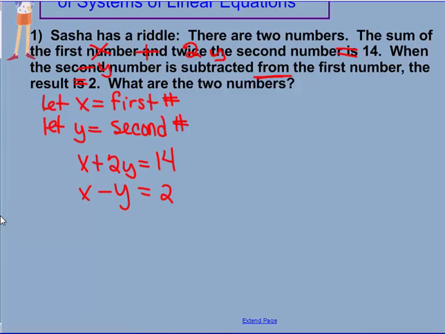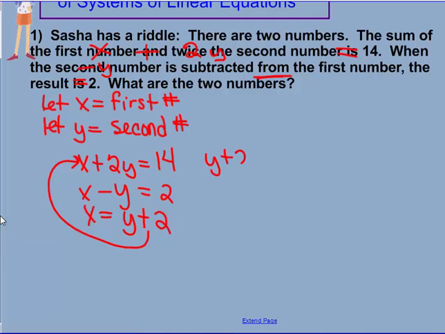So I'm going to either use substitution or elimination to get rid of the variables. I think I'll do substitution this time because I can solve this equation for x equals y plus 2 and put this expression in for that x.